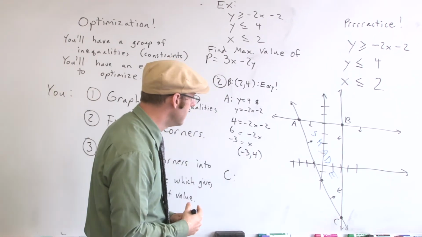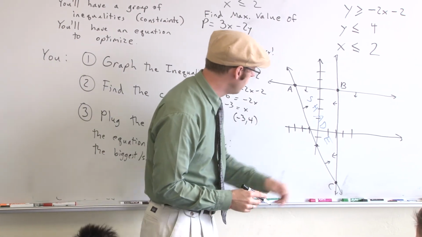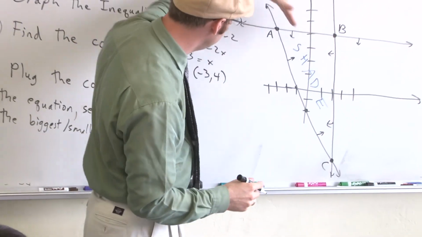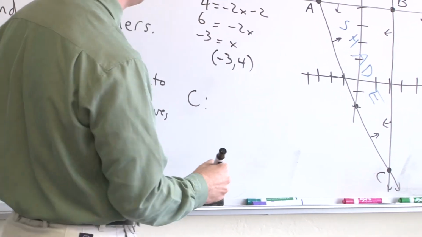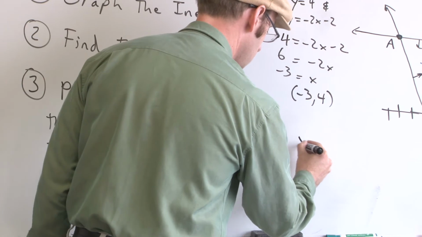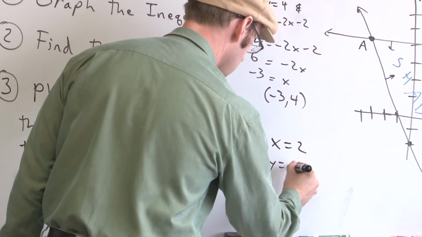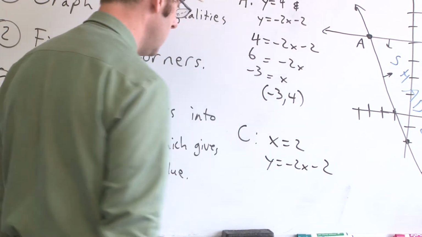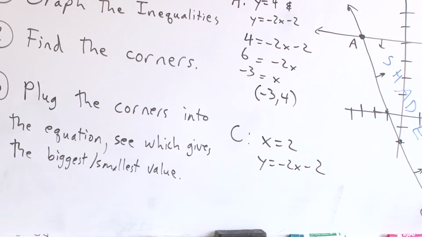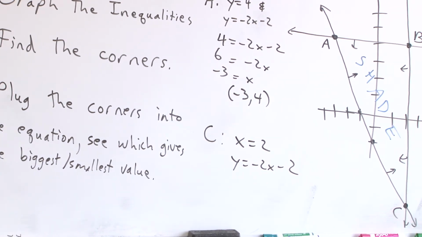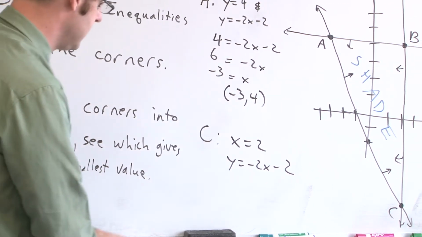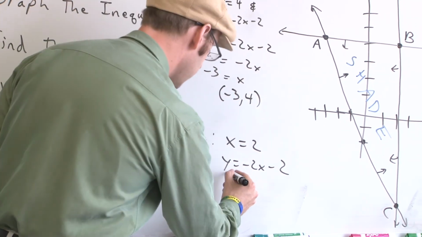And then C, I just need to find where the line x equals 2 meets the line y equals -2x minus 2. Where do those two guys meet? Well, they meet where x equals 2. So that's what I'm going to plug in here.